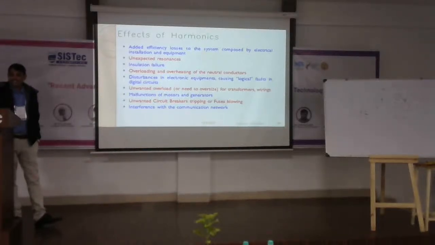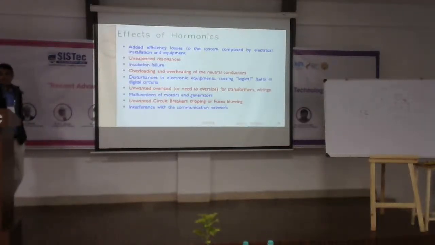So these are some harmonics present in the distribution system. You can see the minimum and maximum values of the current THD in percentage, without a filter, with UPS, light, fan. The THD is near about 160%.